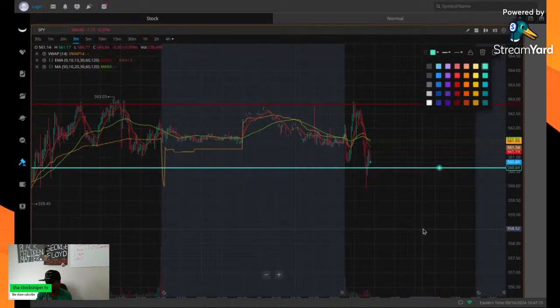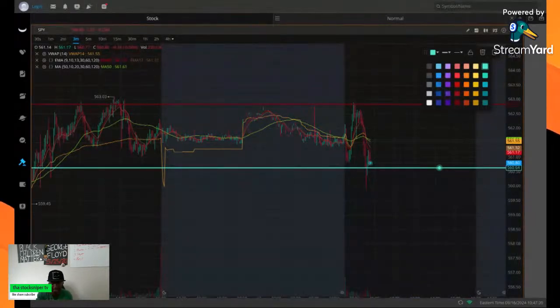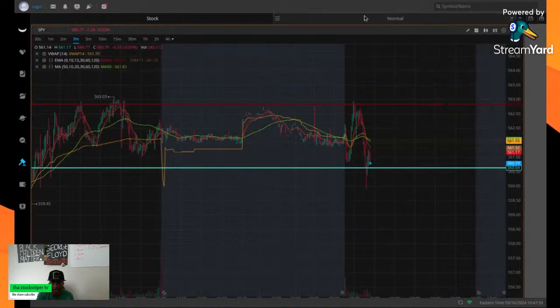Like I tell a lot of people, you can practice, and when you practice, you'll be able to read this without these lines. I can sit here and tell what's support, what's resistance, where to get in, where to get out, what my stop loss is, what my profit taking point is. I can analyze it without the lines.